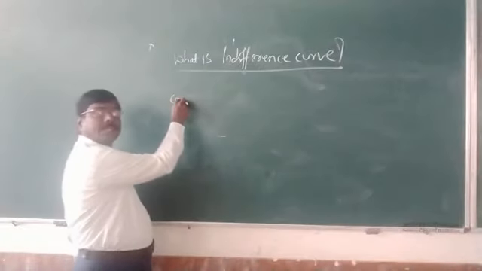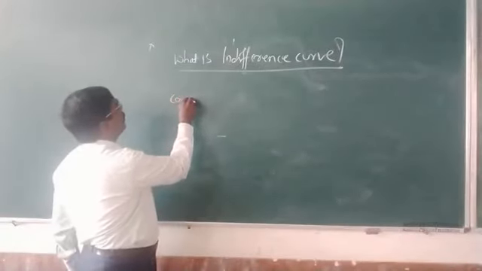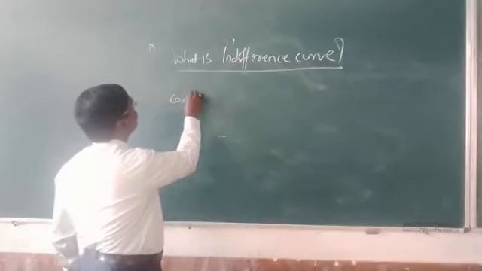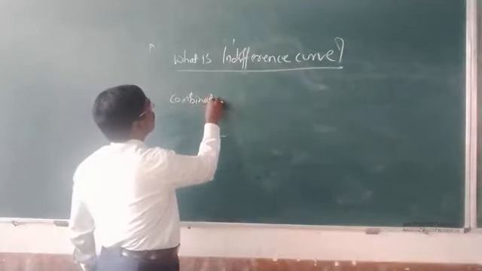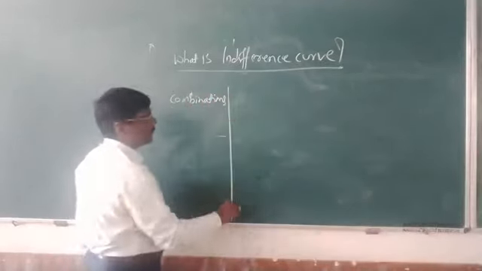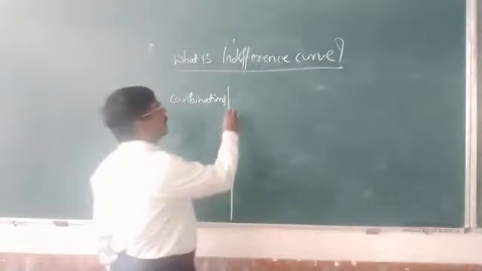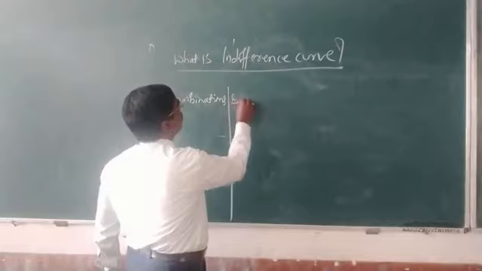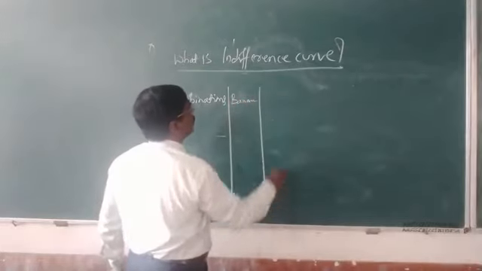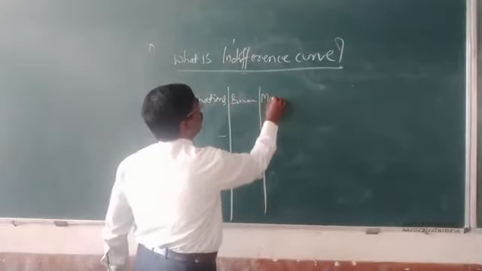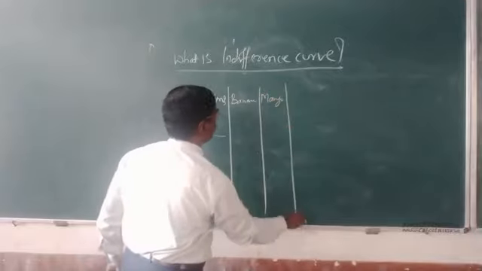There are three columns in this table. The first column is combinations. The second column is banana. The third column shows mango.